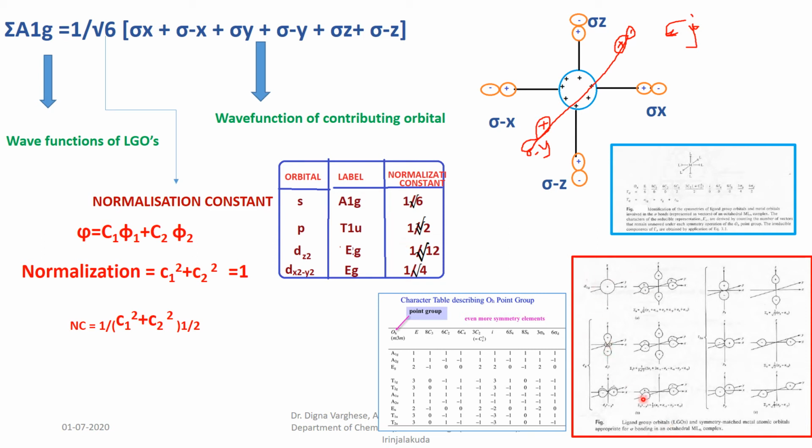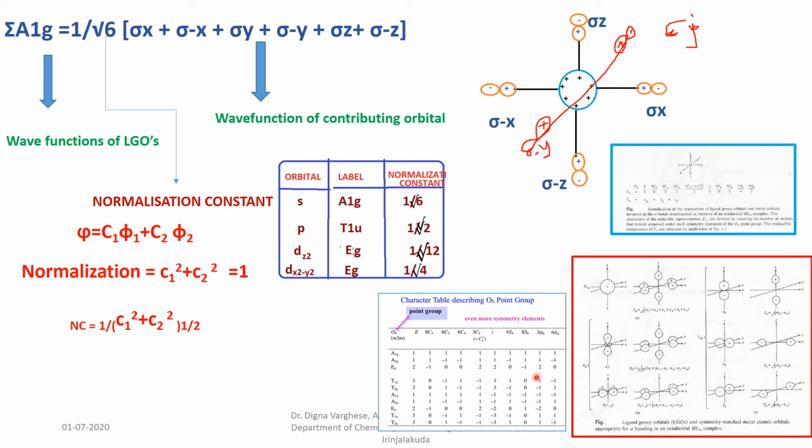We can also get this from the SALC, symmetry adapted linear combination, that is, the LGOs can be constructed for the sigma bonds of an octahedral complex. Here we are showing only the A1G symmetry, likewise the T1U and EG symmetries. The same conclusion could have been reached in a more formal manner by considering the 6 sigma bonds of an octahedral complex as vectors, and determining how they transform under the symmetry operations of the octahedral point group.